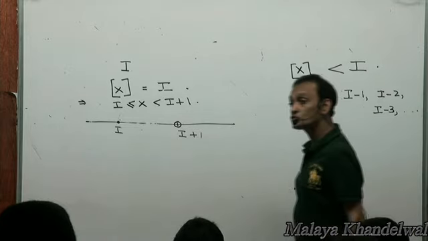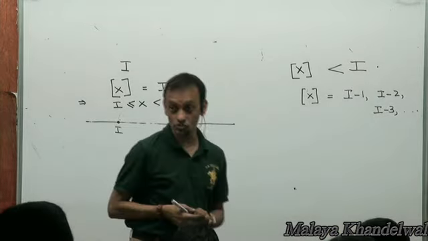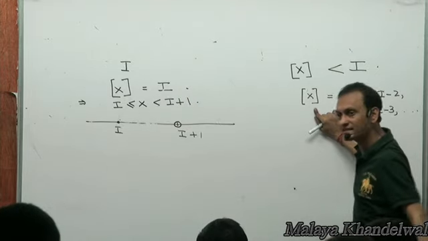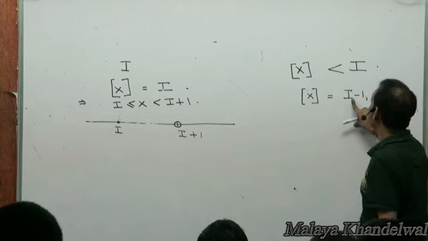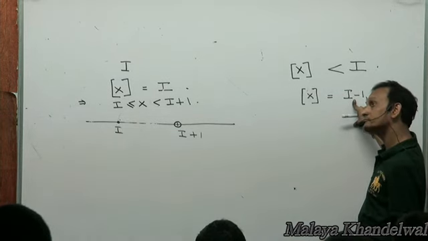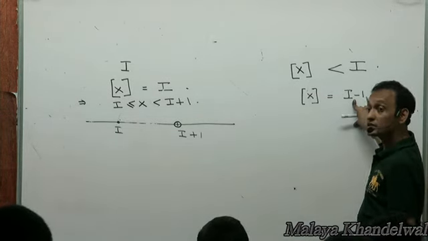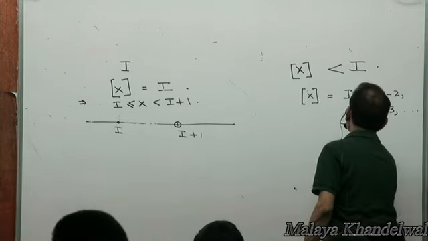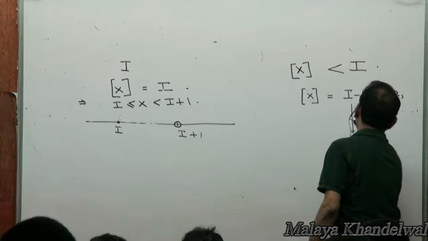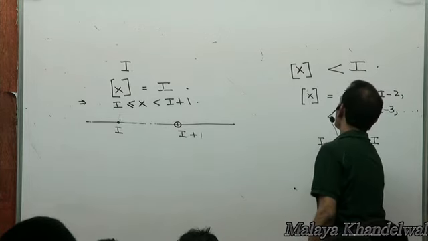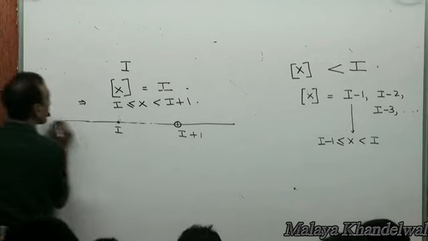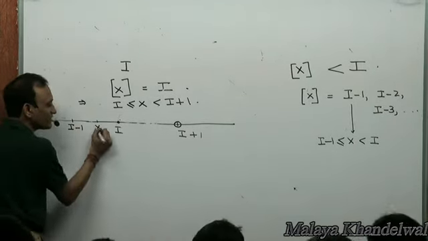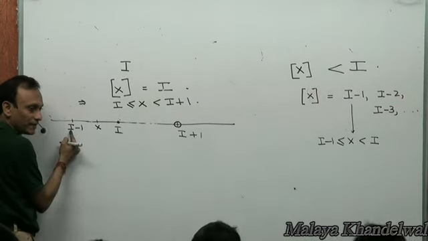These are all permissible values of box of x, right? Now, when is box of x equal to I minus 1? When x is less than I but greater than or equal to I minus 1. When x lies somewhere here, box of x will be I minus 1.